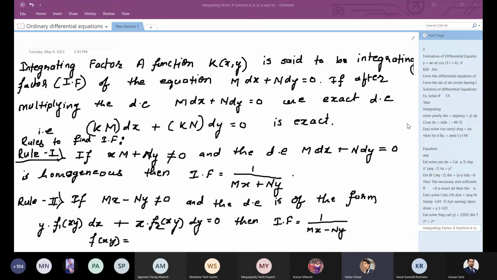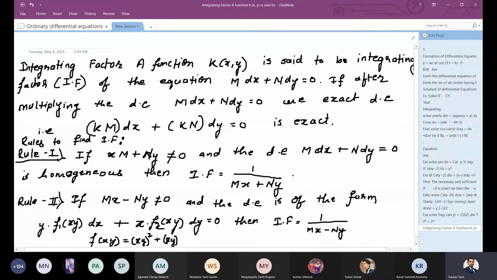We can take any function, like (x into y) whole square plus xy is also a function of xy. Yes. Like (x into y) whole power 2 plus xy. Yes, it is exactly right.